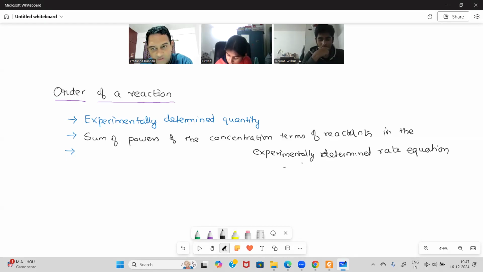Sum of powers of the concentration terms of the reactants in the experimentally determined rate equation.